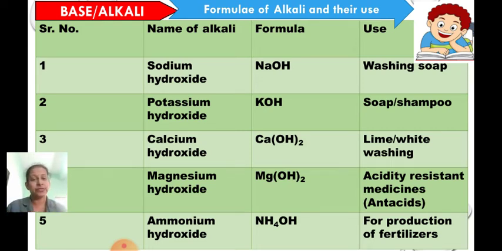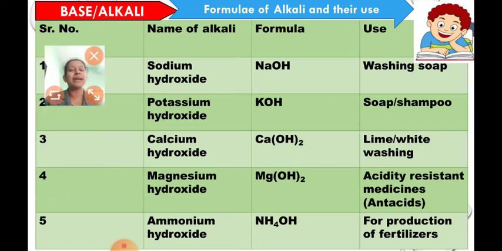Next is magnesium hydroxide. Magnesium hydroxide is also called milk of magnesia because it is used to cure acidity problems. It is also used in antacid tablets. To make antacid tablets, magnesium hydroxide is used.